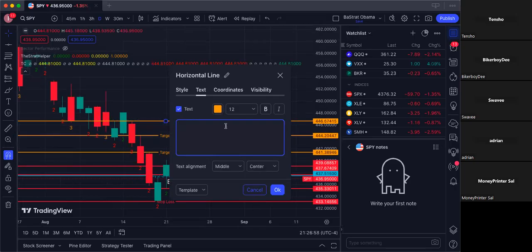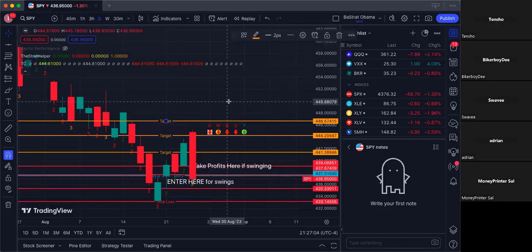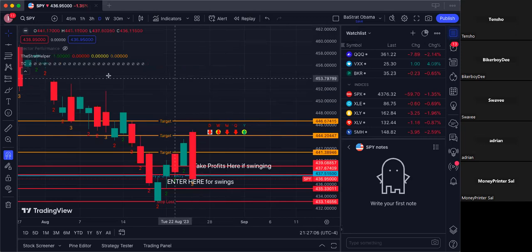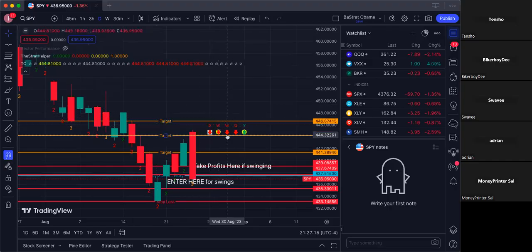How do you add the numbers? Just add the Strat V2 or the Strat Teach indicator. I'm not that techie with TradingView yet, so my apologies for not being able to accomplish that at the moment. That's all good.